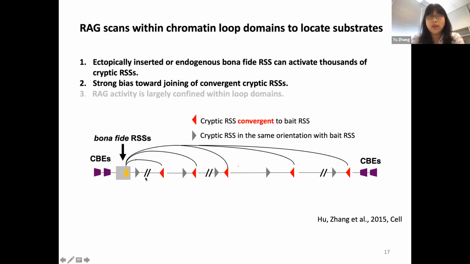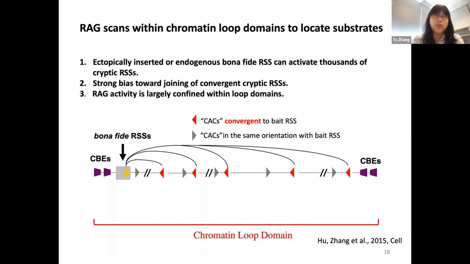So more than 95% of junctions we found occurred at the cryptic RSS that are convergent to the beta RSS. So the third feature is that this RAG activity, or cryptic RSS targeting activity, is largely confined within the loop domains.